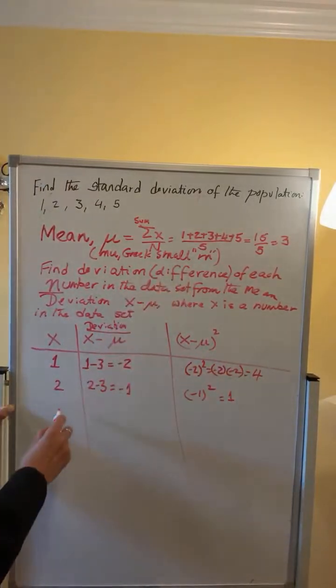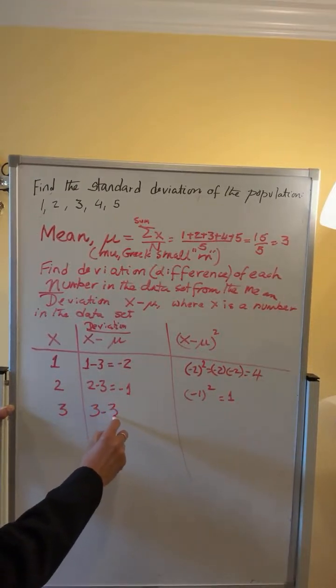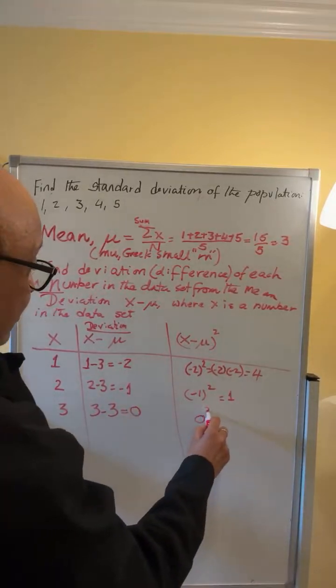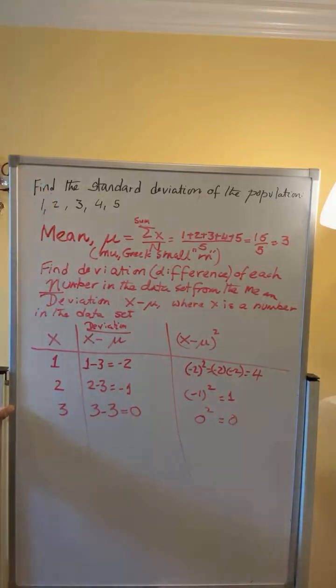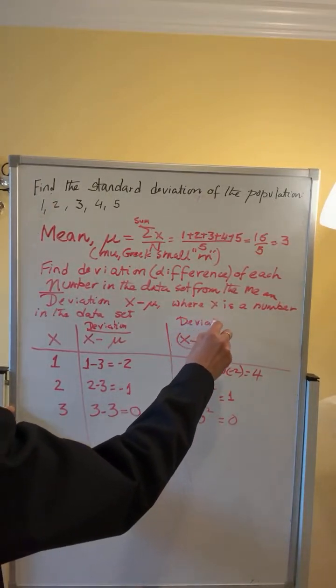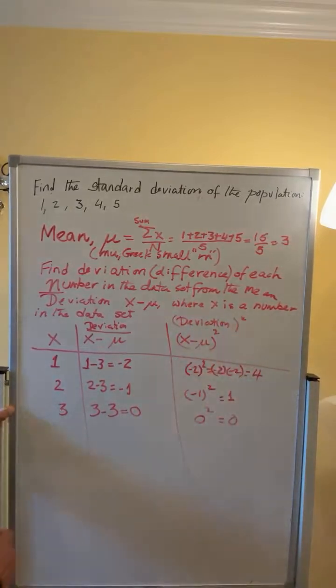Next number in the data set is 3 and its deviation from the mean is 0. So 0 squared is 0, deviation squared. Deviation is the difference of the number from the mean in the data set.